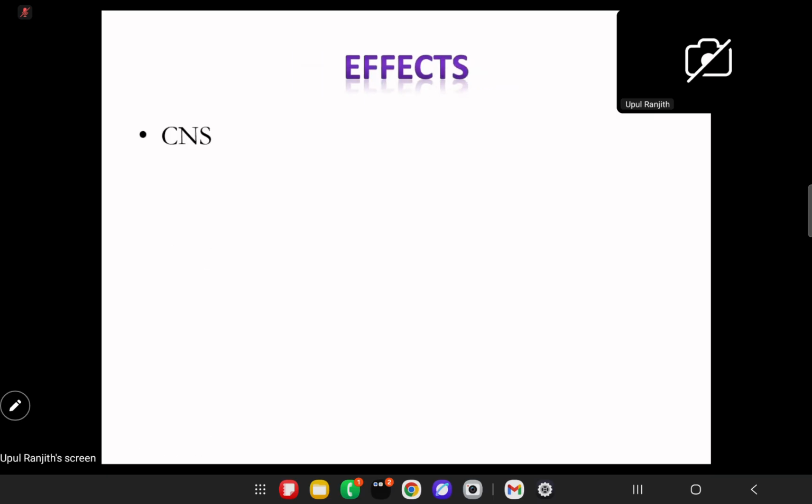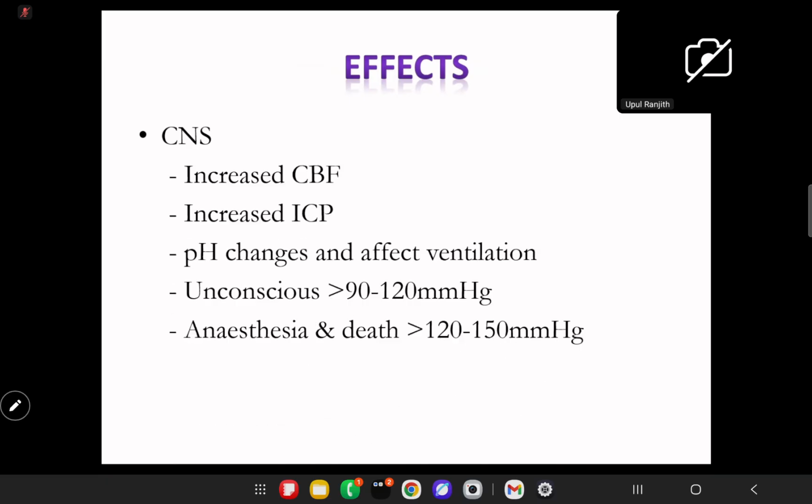Right. Then the effects on the various systems in the body. In the central nervous system, the cerebral blood flow is increased when there is hypercarbia. Therefore, intracranial pressure is increased because of that. Then the pH changes affect ventilation, causing increased ventilation.